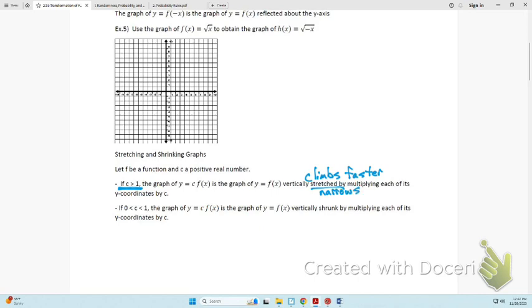But you can say stretched. That's up to you. If it's a small number, like say 0.5, or some fraction smaller than 1, the textbook says shrinks. I like to say climbs slower, or it's wider.